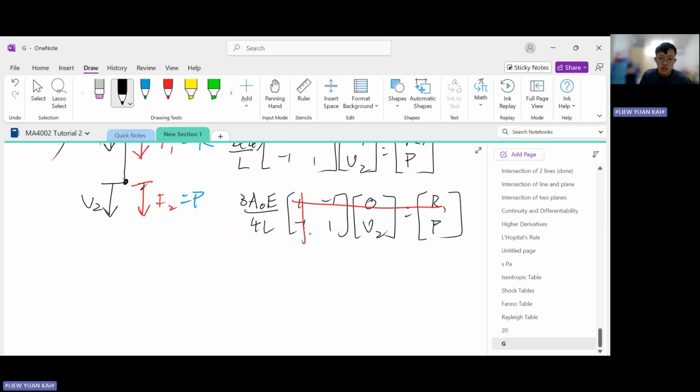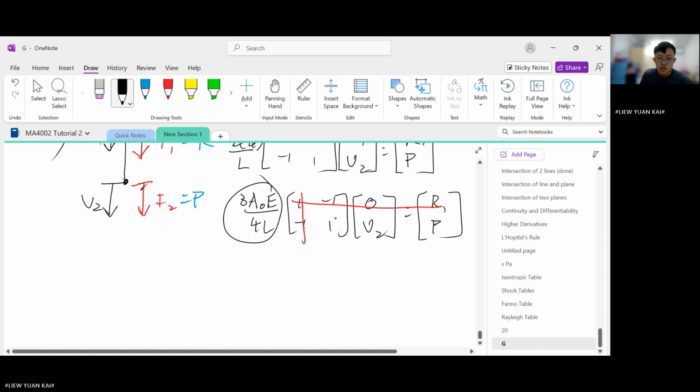The reduced system states that 3 A naught E over 4L times U2 is equal to P.